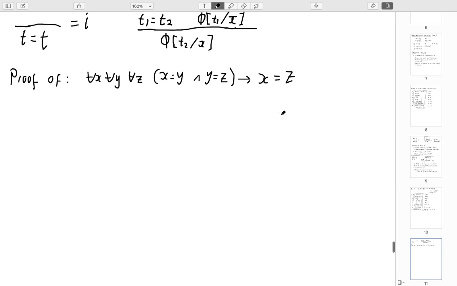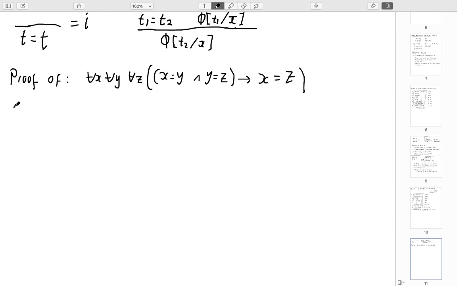Right, so here the main connectives are the universal quantifiers, the main quantifiers, and then we get down to an implication. So we want to introduce an arbitrary x, y, and z in order to ultimately be able to prove the universally quantified formula using the for all introduction rules.